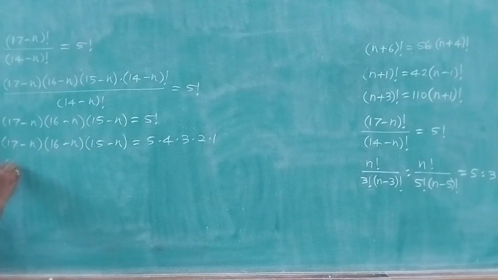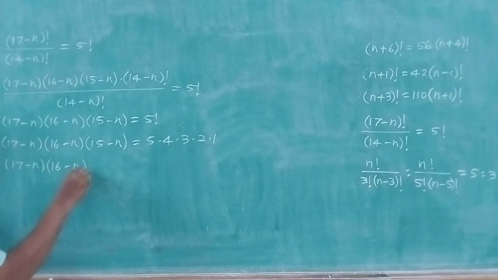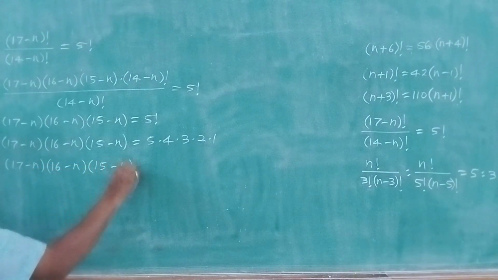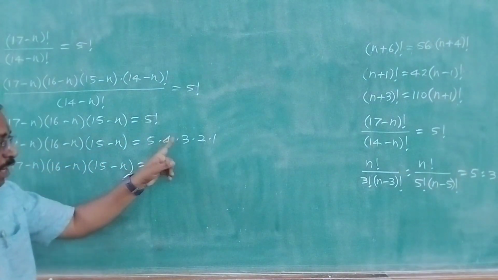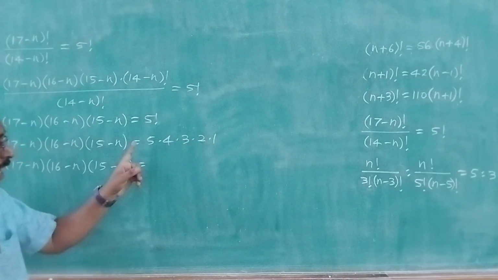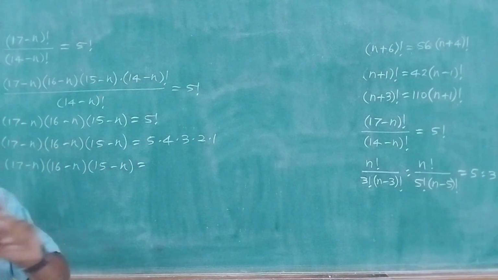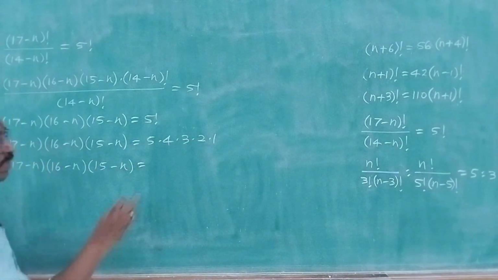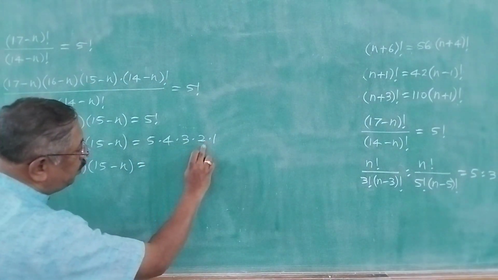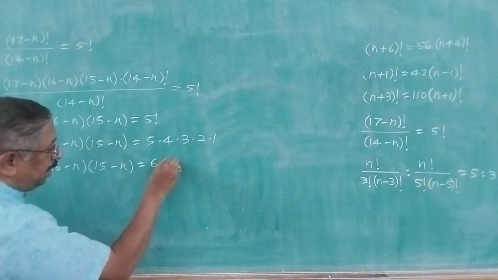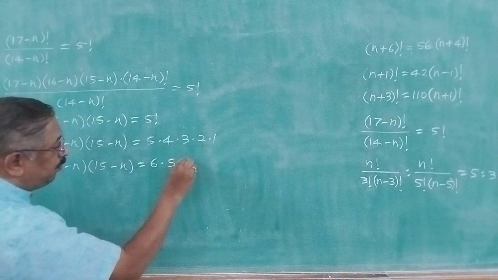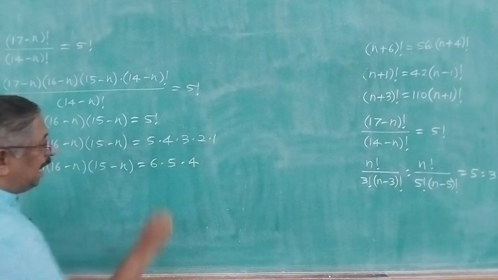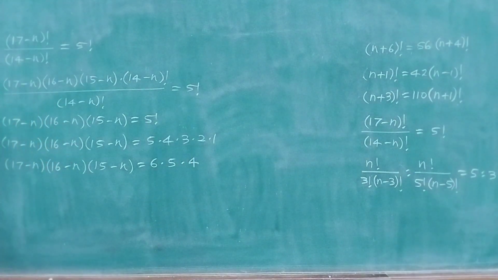The terms on the left will not be disturbed: 17-n, 16-n, 15-n. This 5 into 4 into 3 into 2 into 1, shall I write it in terms of 3 consecutive elements with difference equal to 1? Shall I write 3 times 2 as 6, multiplied with 4 multiplied with 5, in the form 6 into 5 into 4.